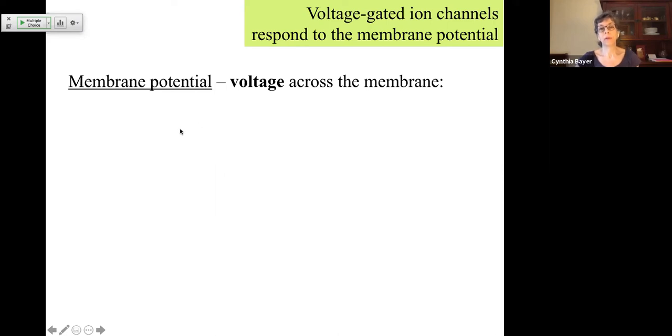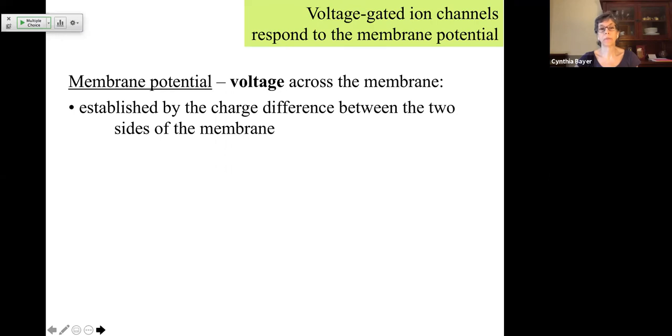And that polarization is an indication of the membrane potential, the voltage across the membrane, the difference in electric charge across the membrane, right?